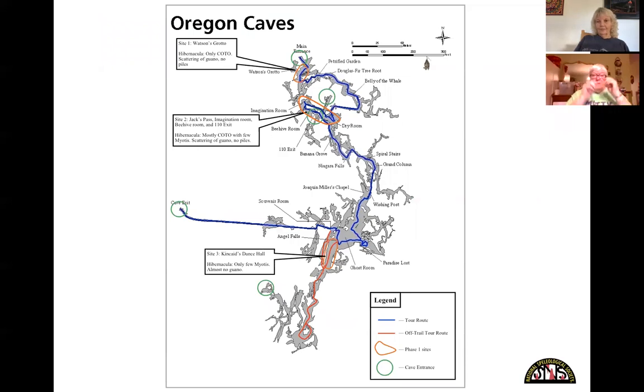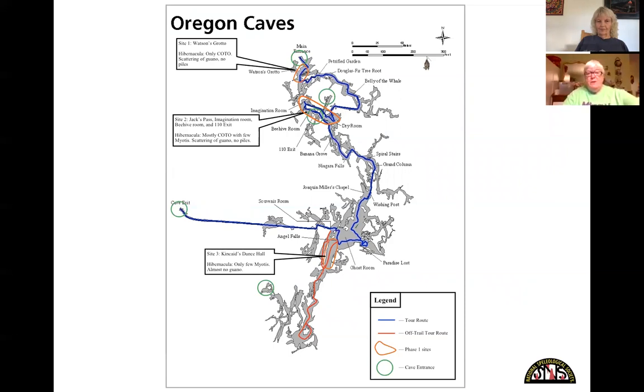Here's an example of our sampling in Oregon Caves. So you can see the cave, the main entrance is up at the top, and tourists go through in a one-way direction on the blue trails and exit the cave. And then down here at the bottom of the cave in orange is an off-trail portion of the cave, which is going to have less impact from people.